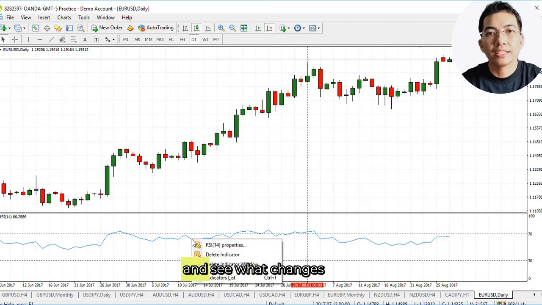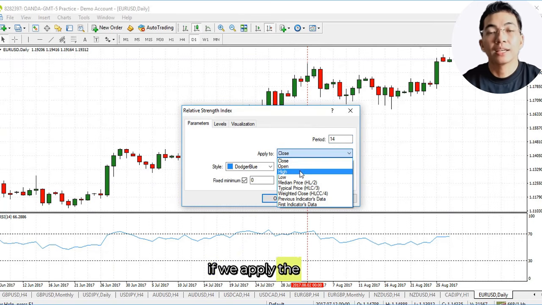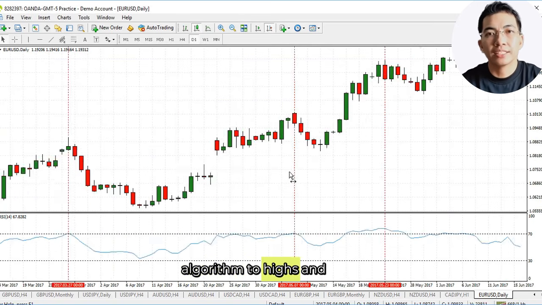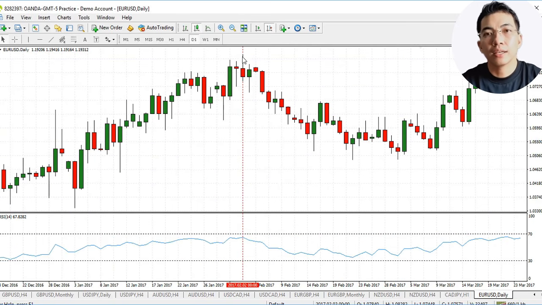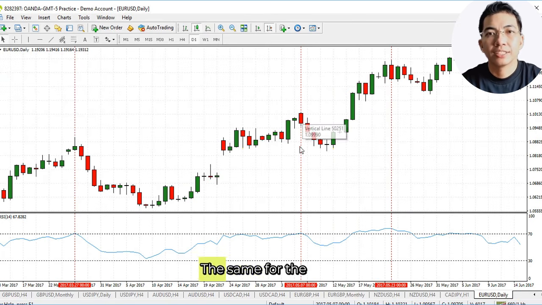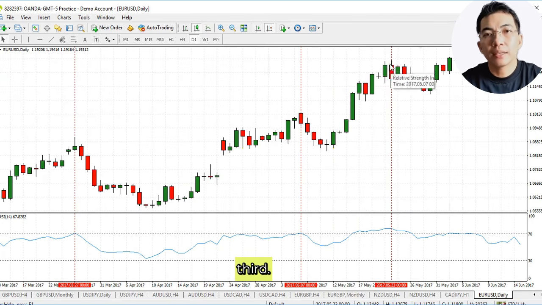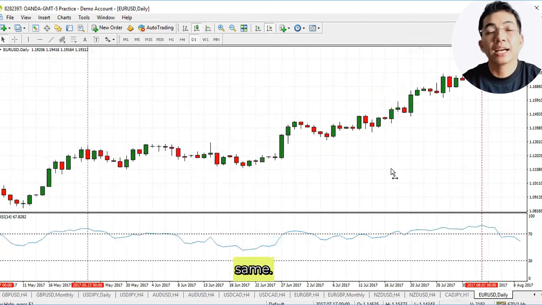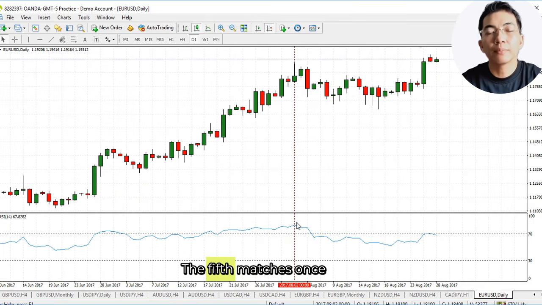Now let's go back and see what changes if we apply the algorithm to highs and not to closes. The first vertical line matches, the second matches, the same for the third, the fourth is the same, the fifth matches once again. It is far more accurate.